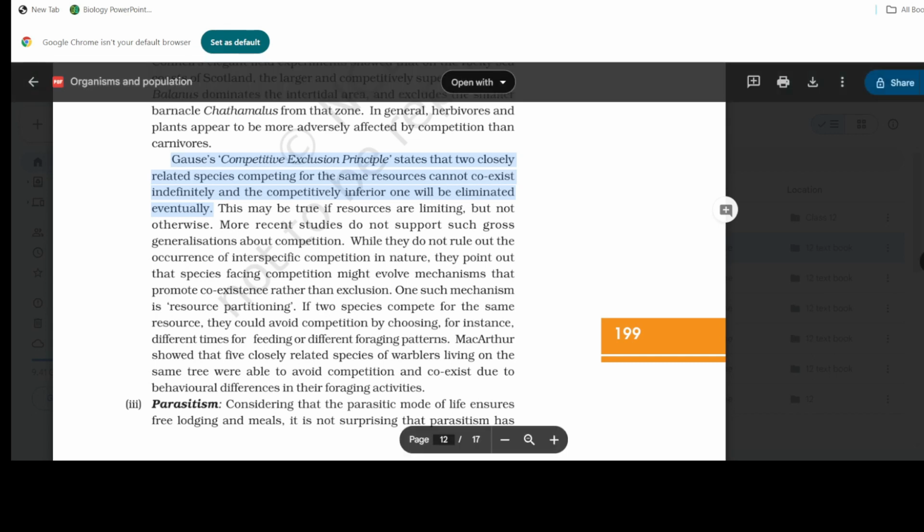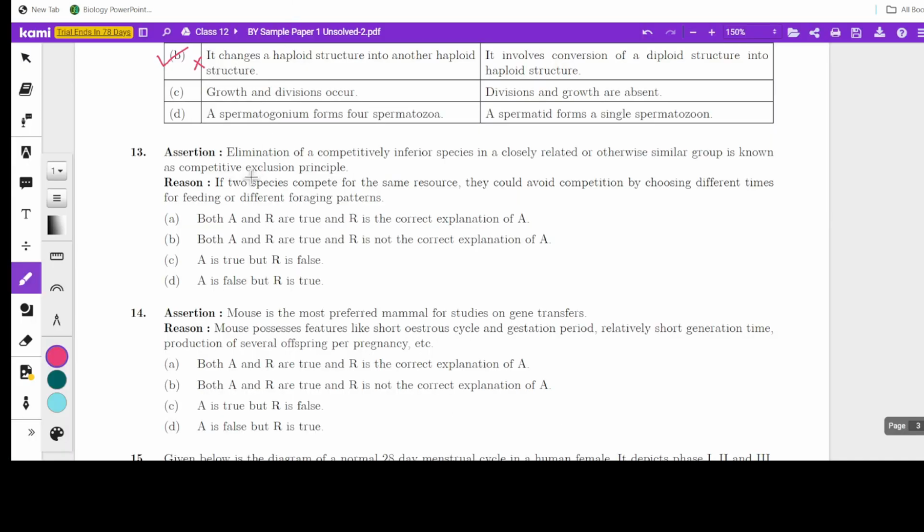So let's get back to the question again. If two species compete for the same resource, they could avoid competition by choosing different times for feeding or different foraging patterns. Yes, the reason is also stating a true fact, isn't it? So assertion is true, reason is true. But do you think the reason is explaining the assertion?